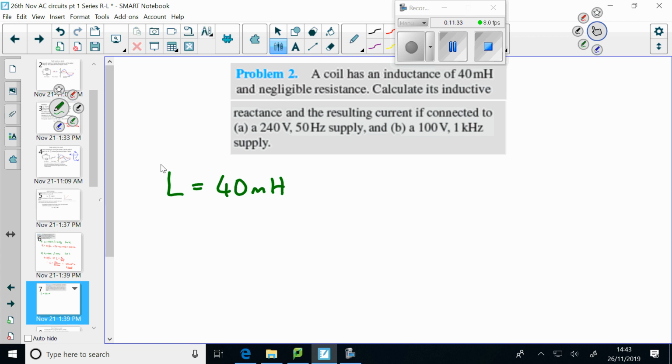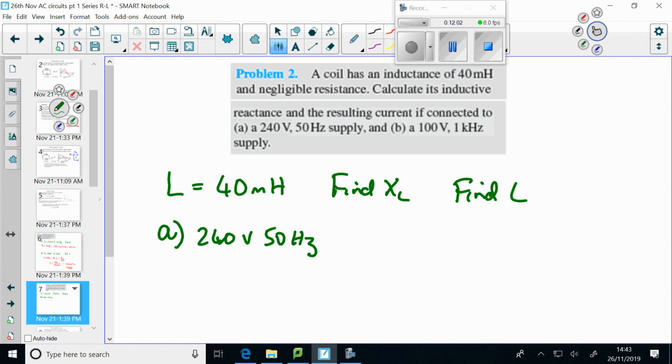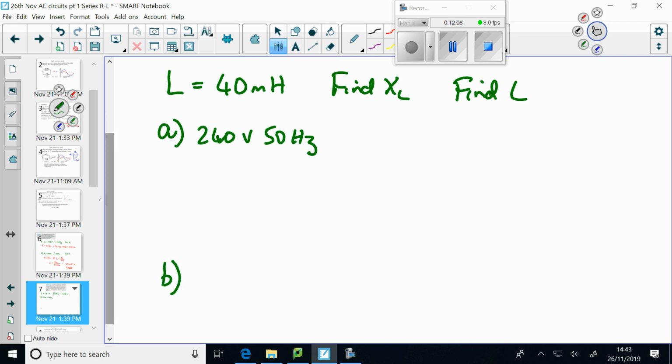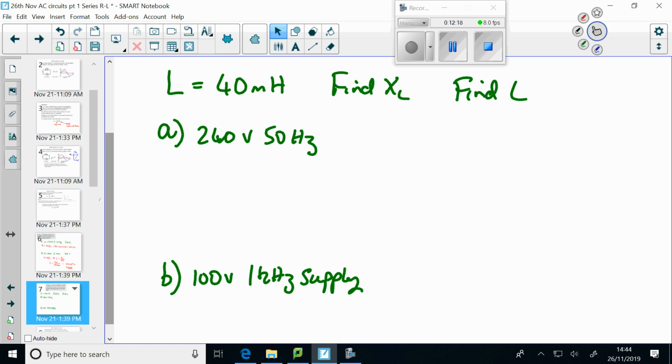Calculate its inductive reactance, so we want to find XL, and the resultant current, find I, if connected to a 240 volt 50 hertz supply, and B. So that's the information from the question.